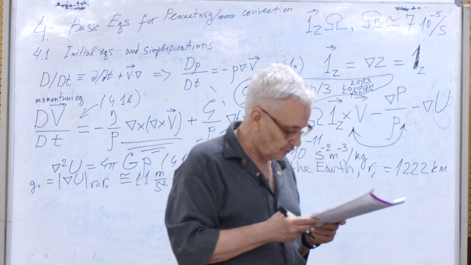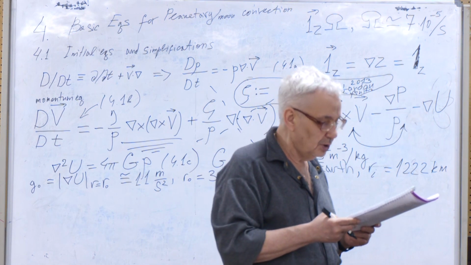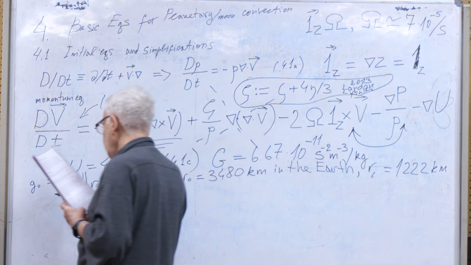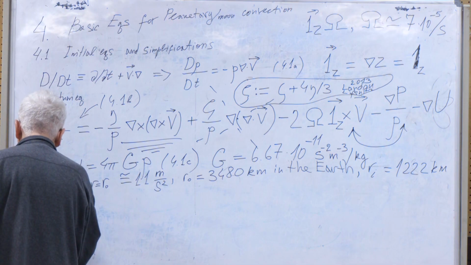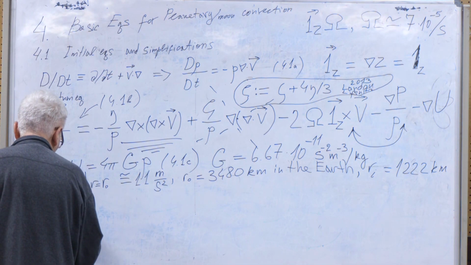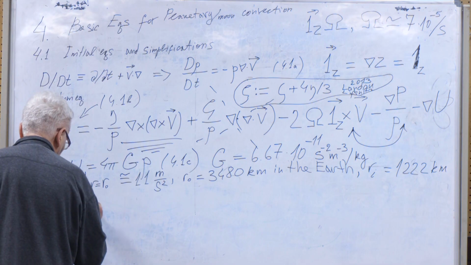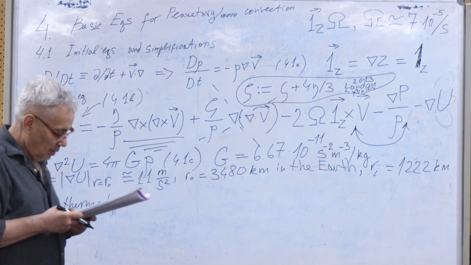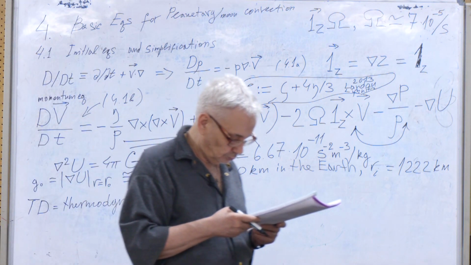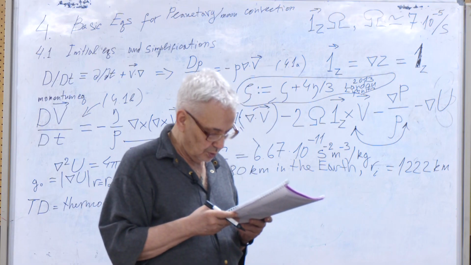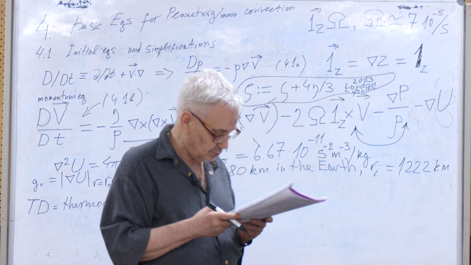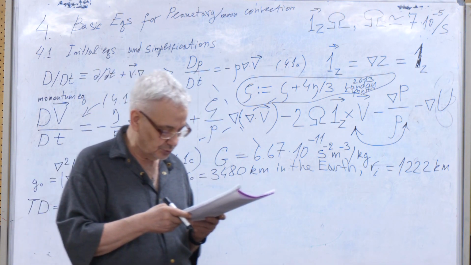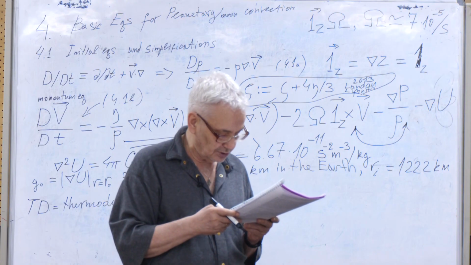To close the system, 2 more thermodynamic equations, which we shorten to TD, are needed for density and pressure P. As the first thermodynamic equation, we will choose the law of conservation of energy.